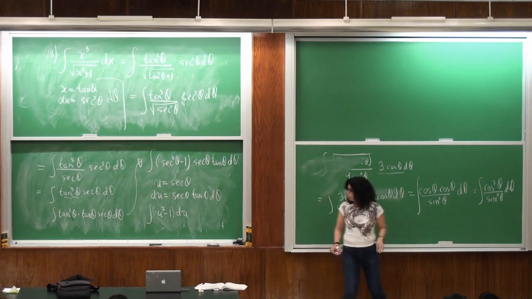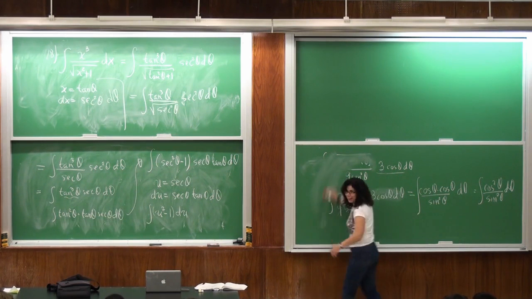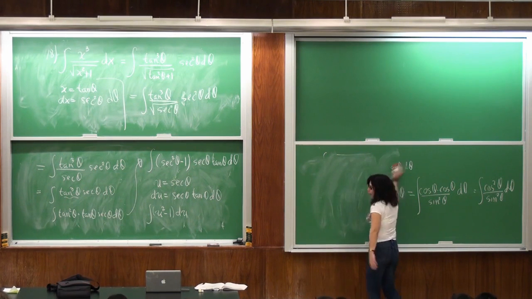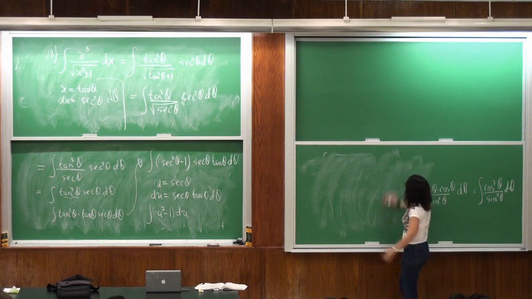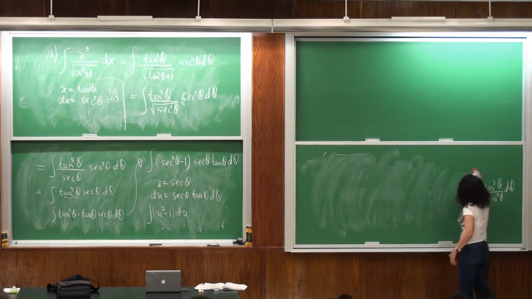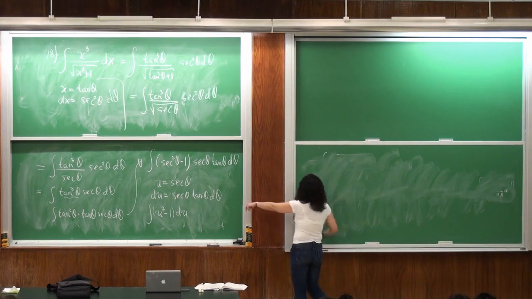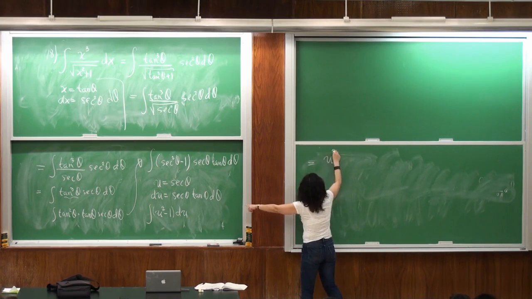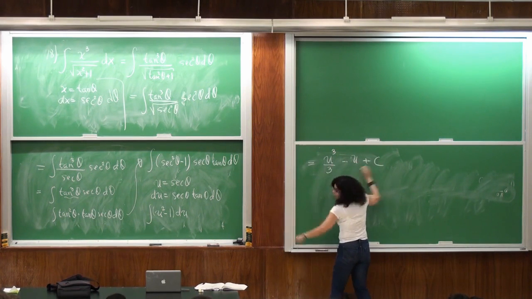But don't go so fast because we have to go backwards. You understand the problem? Now we have to integrate that and then we have to go backwards, because there are several changes. Plus a constant.